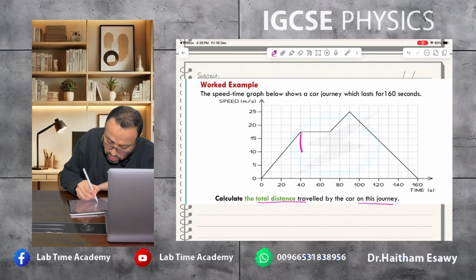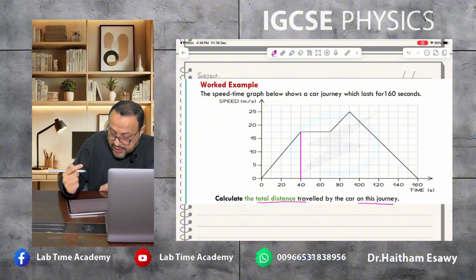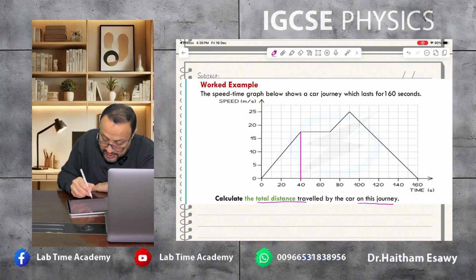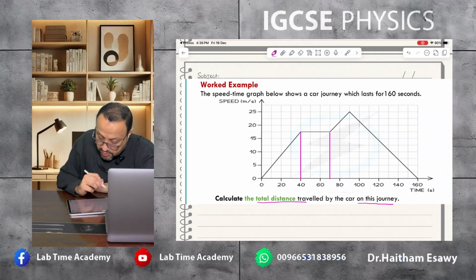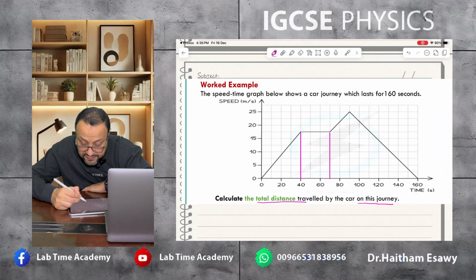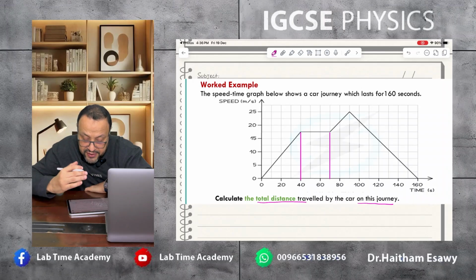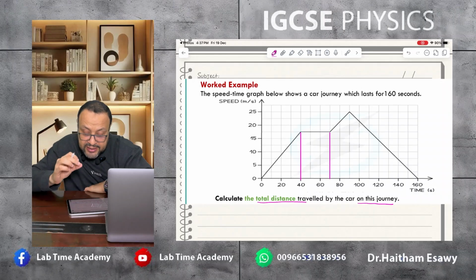I'll start by drawing the vertical line. So we have shape number 1, which is the triangle, and then we have a rectangle. In this graph, how can I separate the graph into many regular shapes to obtain the area for each one?